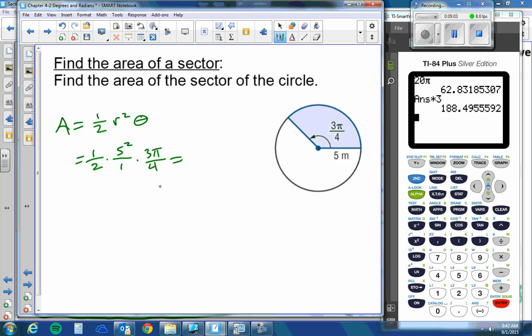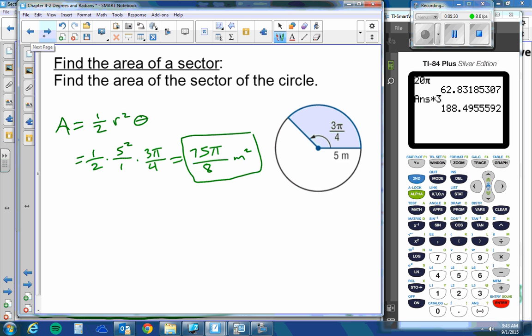What is 5 squared times 3? 25 times 3 is 75 pi over 8. I would have canceled, but nothing does. And we're just going to leave it in exact form, okay? You can type in the calculator if you want, but we'll just leave it like that. What are the units? It's area, so it's square meters or meters squared. Okay?